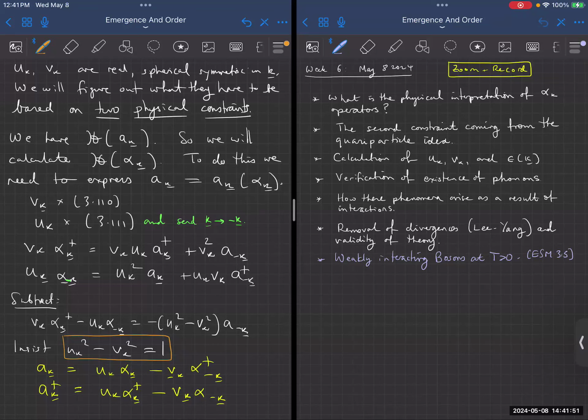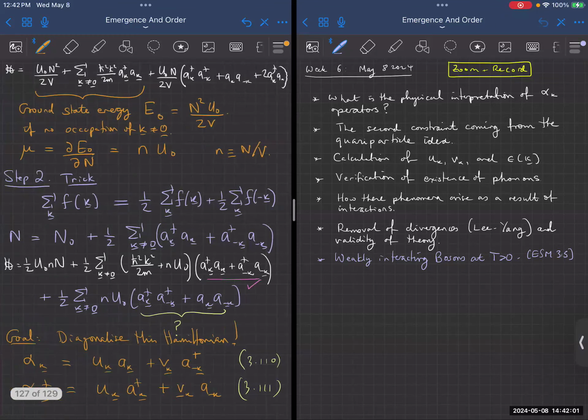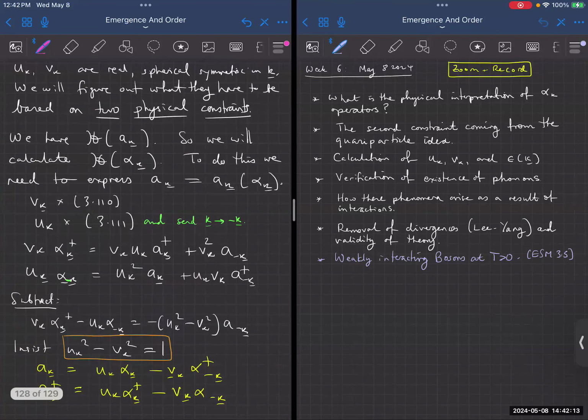And so at the end of last lecture, what we did was we figured out a way to express the A operators in terms of the alpha operators rather than the alpha operators in terms of the A operators. So what we have down here is the alpha operators in terms of the A operators, and then we eventually worked out the A operators in terms of the alpha operators, and that's shown over here.